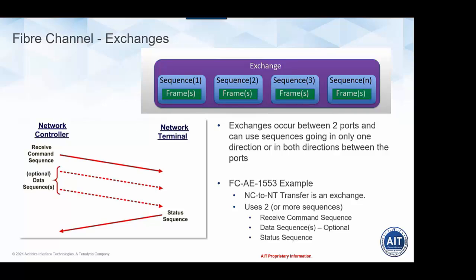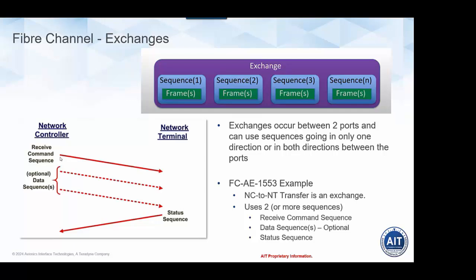An example, as we're headed towards talking about 1553 over Fibre Channel, or FCAE 1553: in FCAE 1553, an exchange would be used to do the analogous of a network controller to network terminal, or a BC to RT transfer.